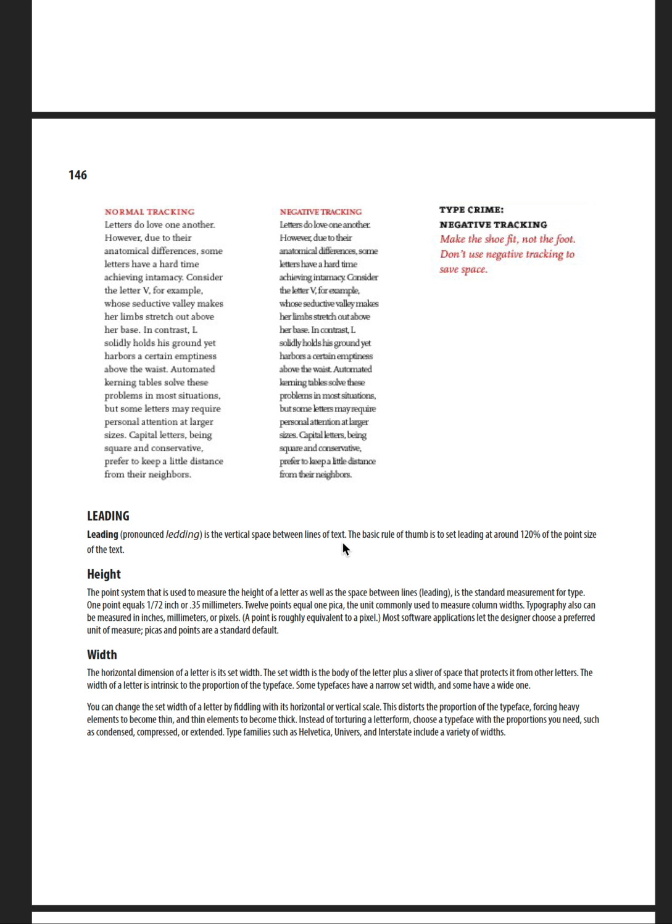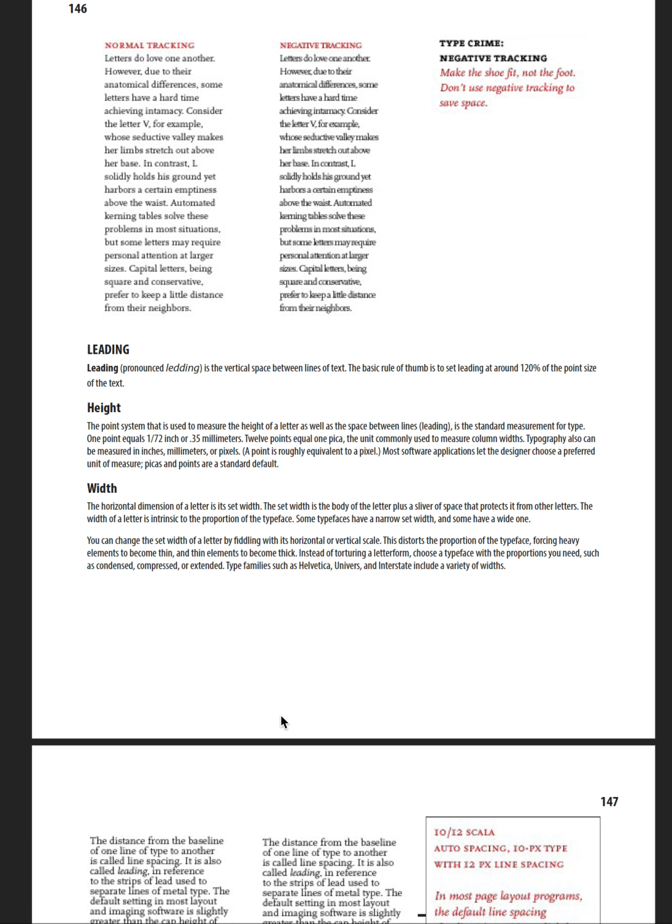If you needed more space, you needed more strips of lead, hence leading, even though obviously we're not using lead strips or individual lines of type that are set in lead type anymore. The term persists, and it's sort of interesting sometimes to help you remember it of where it comes from. And it is spelled as the element is spelled, L-E-A-D, lead, and then ing. So it's not leeding, it's ledding.